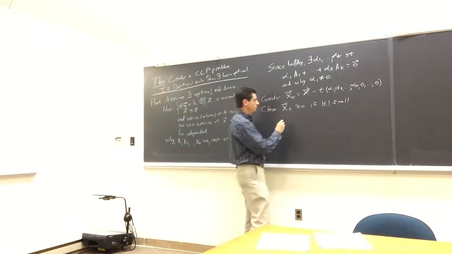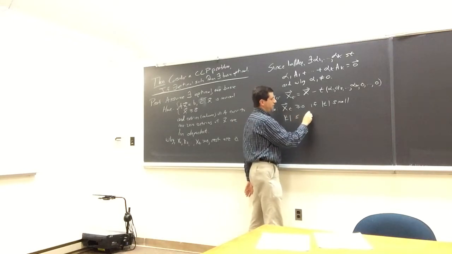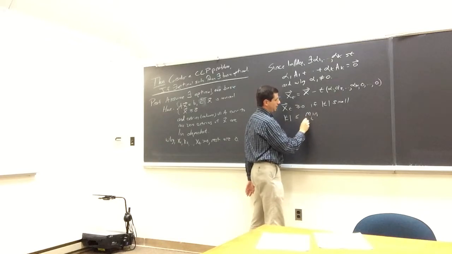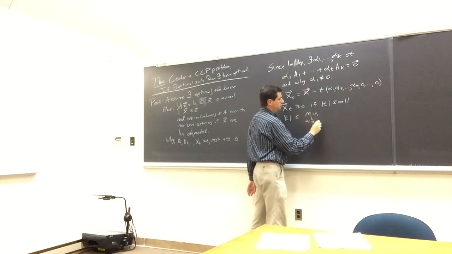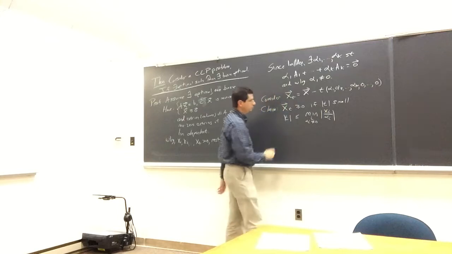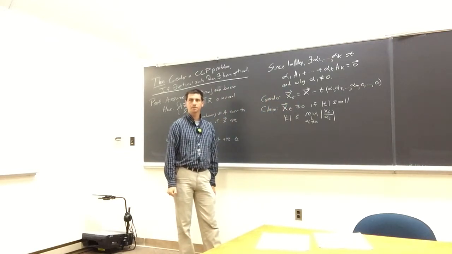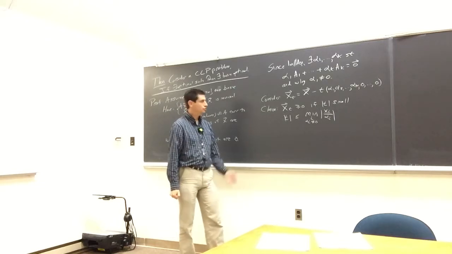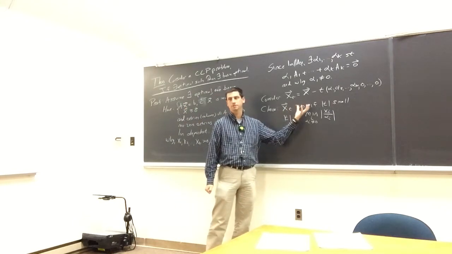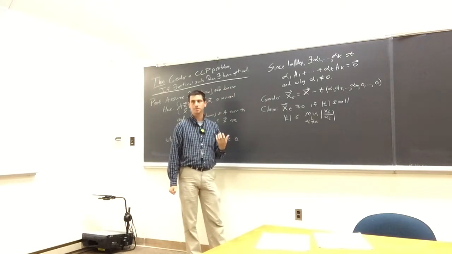Probably take t to be less than or equal to the minimum over all i such that alpha i does not equal 0 of x_i divided by alpha i. Something like that would work. As long as I don't move too far, this vector is going to have non-negative entries.